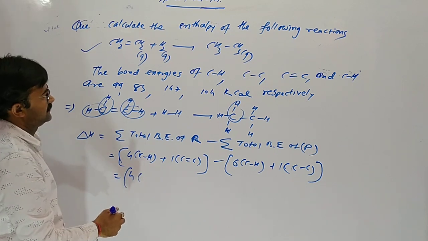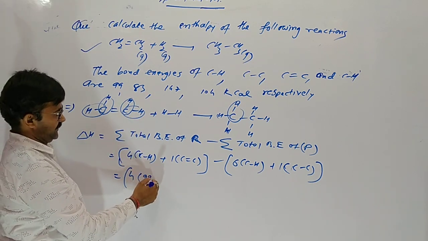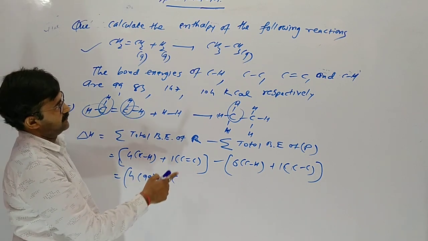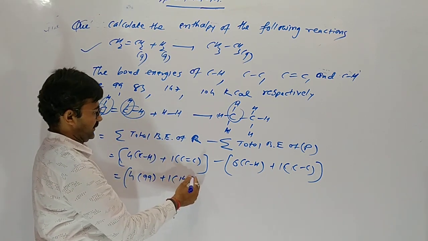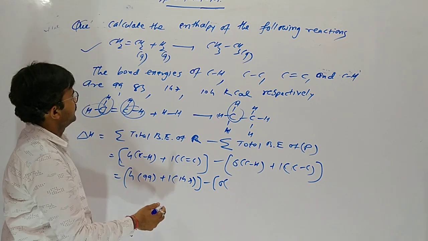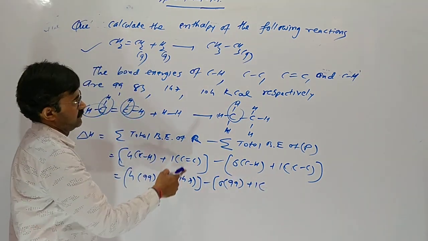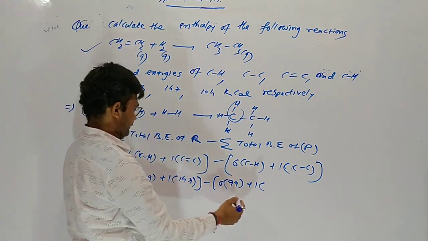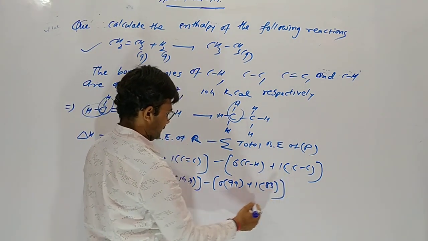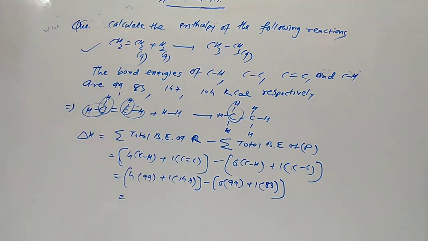So here CH enthalpy is 99, double bond having 147, carbon hydrogen having 99, carbon carbon single bond having 83. Understood? So 99 multiplied by 4.